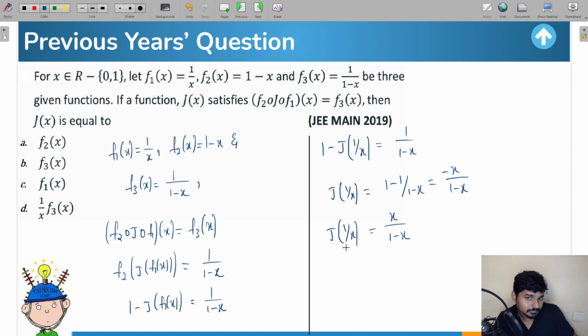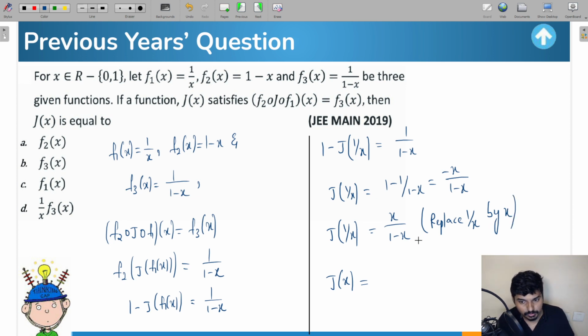Now from here, if you want to figure out what g of x is going to be, guys, all you have to do is replace 1 by x by x. Let me write it down for you guys. If you're going to replace 1 by x by x, whatever you get will be the g of x result.